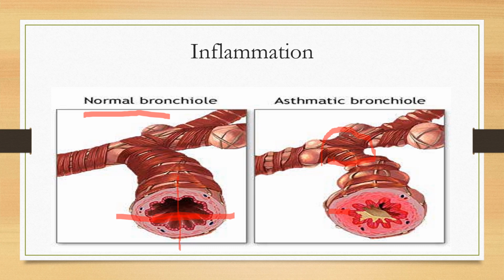Another real problem with inflammation, especially chronic inflammation, is a term called airway remodeling. Airway remodeling means that when you have prolonged chronic inflammation, the structure of the airway changes. The airway typically gets fibrotic. It has increased mucus production and epithelial cell injury.